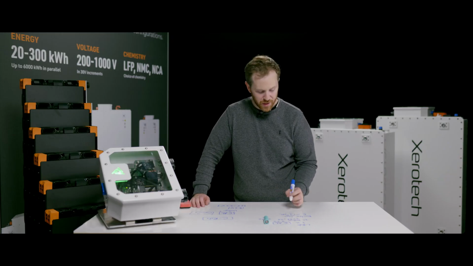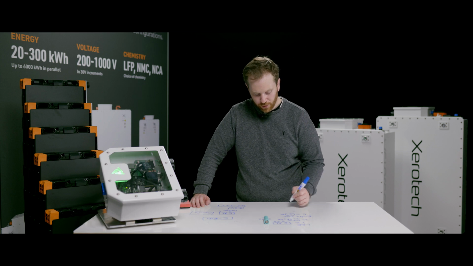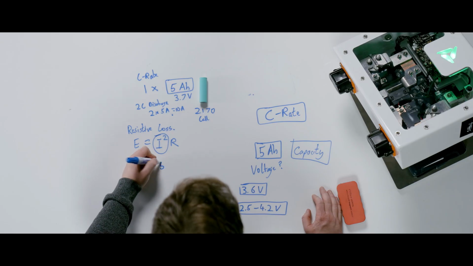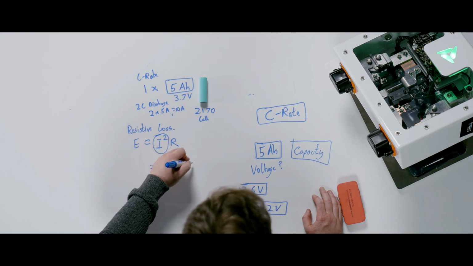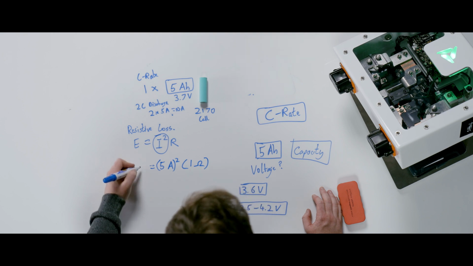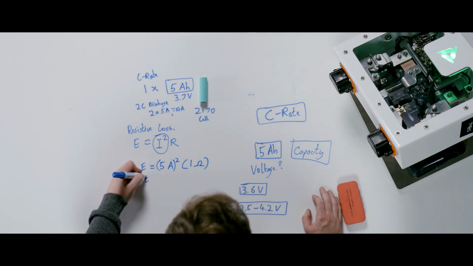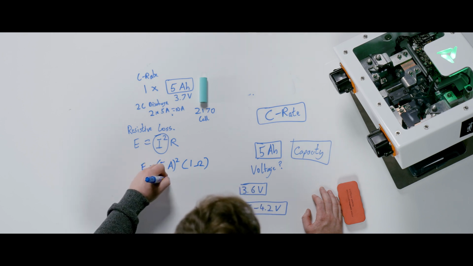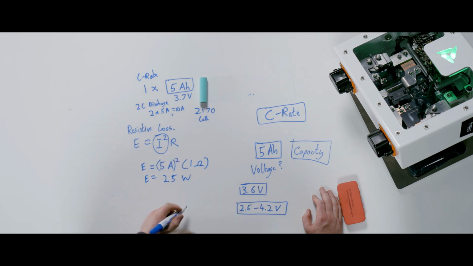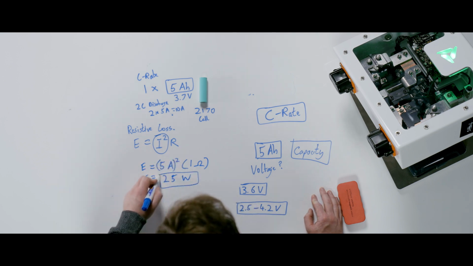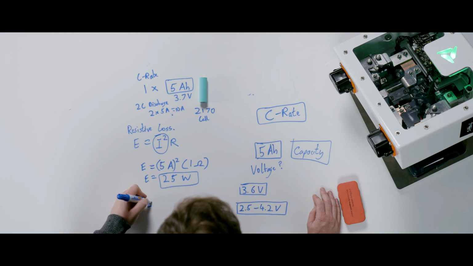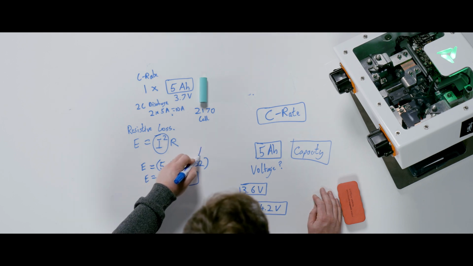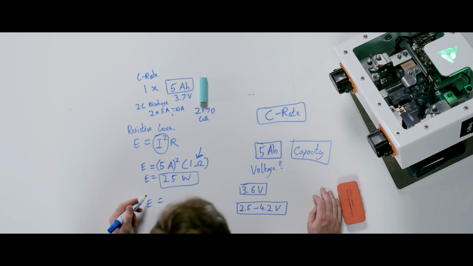If we have 5 amps squared times 1 ohm, this is going to result in an energy loss of 25 watts. That's quite a lot of energy to be wasting for a battery cell that only has 18 watt hours. Now in reality, a battery cell has a much lower internal resistance inside of it.